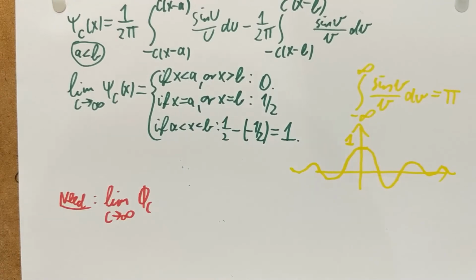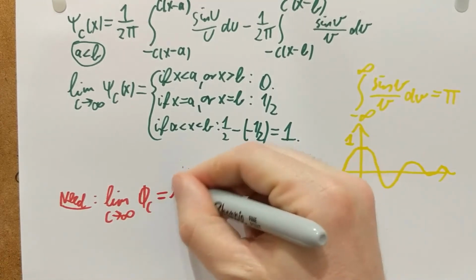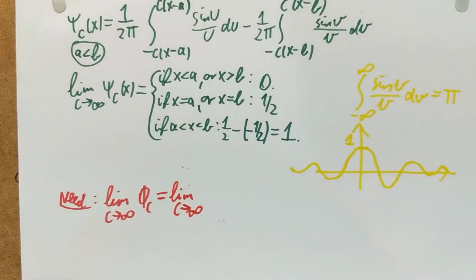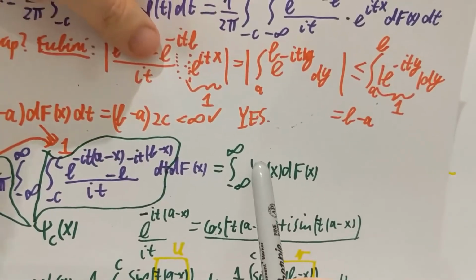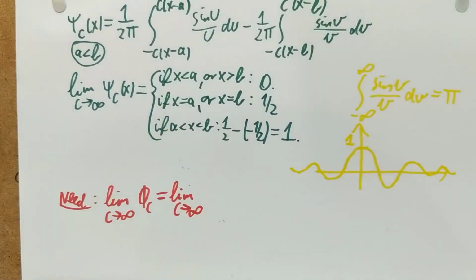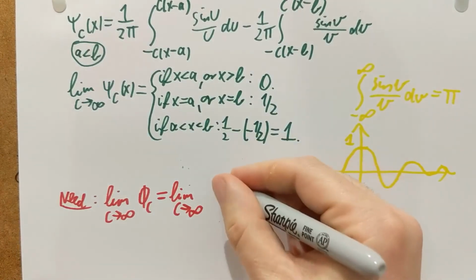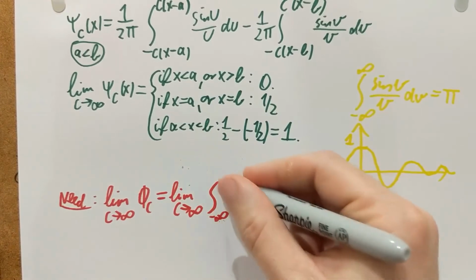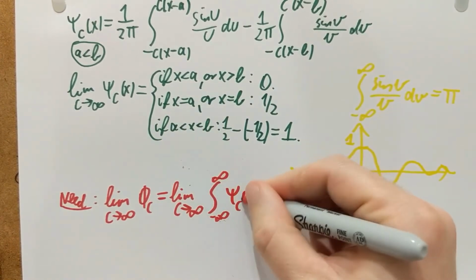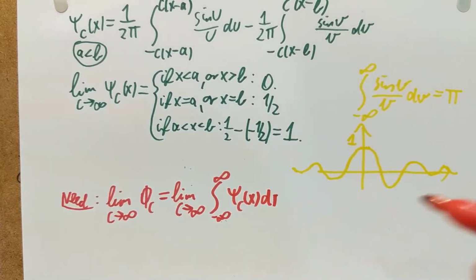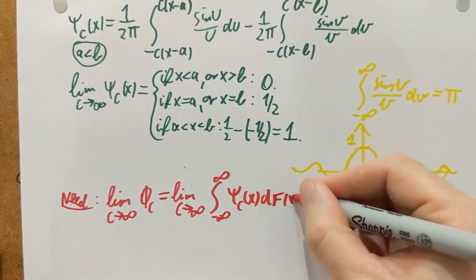In other words, what I need is the limit as c goes to infinity of, so what was phi? Phi was the integral of psi from minus infinity to infinity. That's what I want to find out. It was with respect to dF.